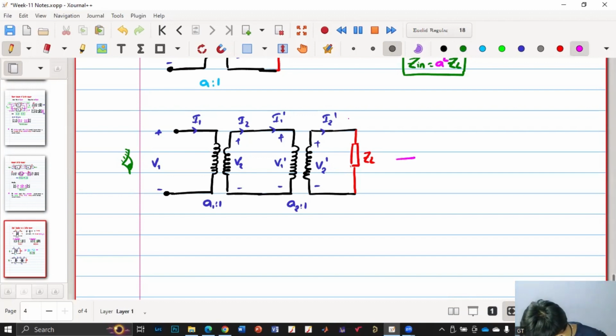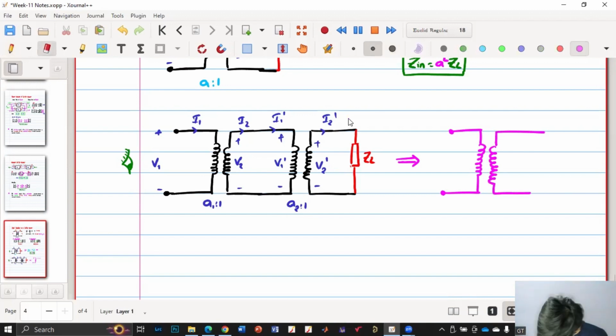So these can be modified to something like this. So here we have ZL and say the new turns ratio is A is to 1. Okay. And this is the dot convention.